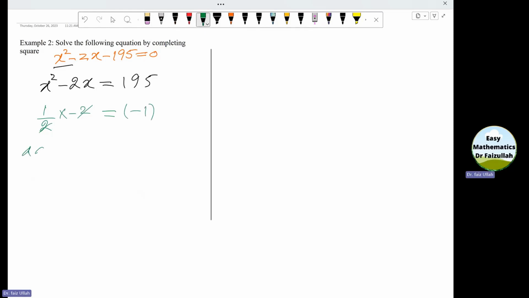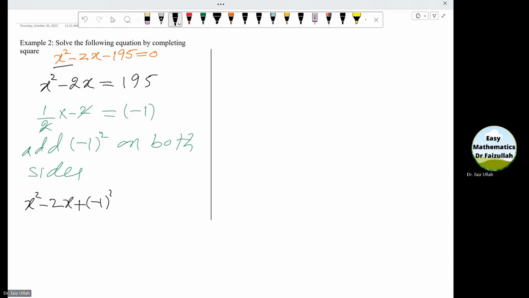Now add minus 1 square on both sides of the above equation. So we have x square minus 2x plus minus 1 square, that is equal to 195 plus minus 1 square.